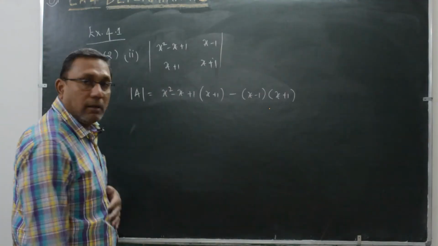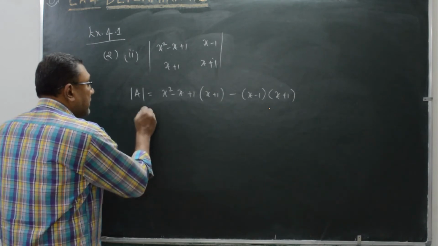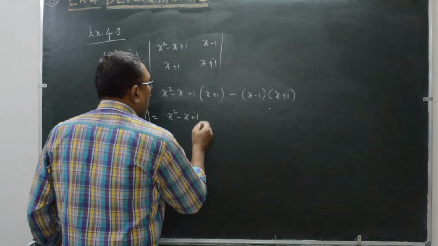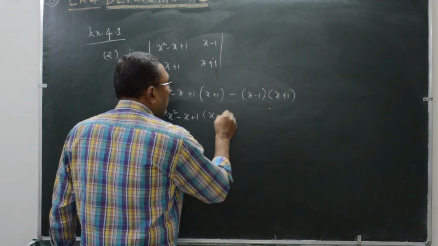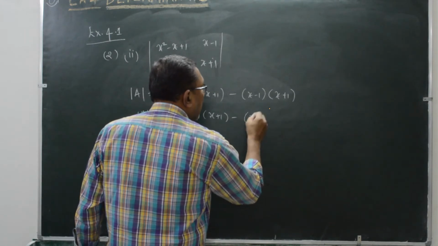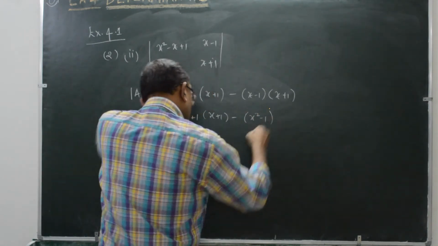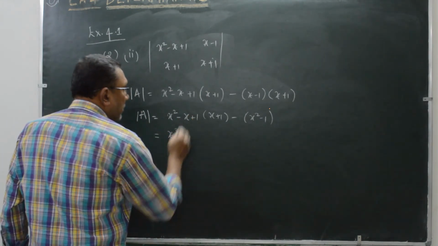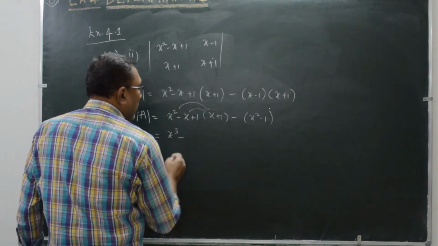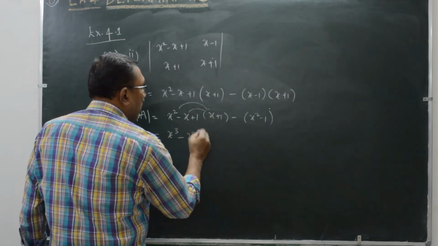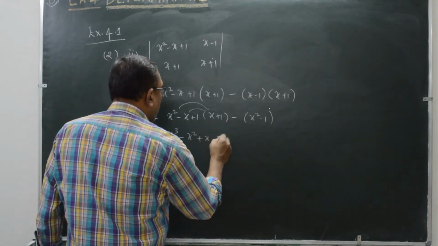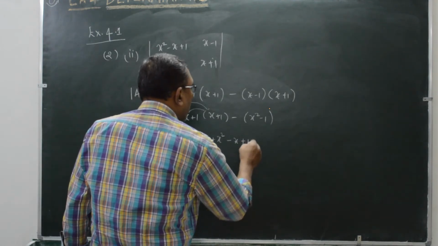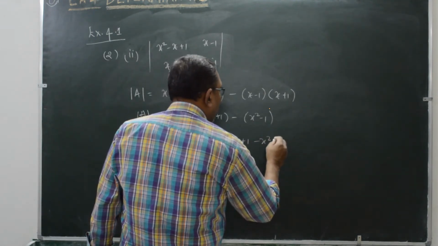Now, we will simplify this. A is equal to x square minus x plus 1 into x plus 1 minus, this is a square minus b square, right. So I will multiply this: x cube minus x square plus x plus x square minus x plus 1, minus x square plus 1.